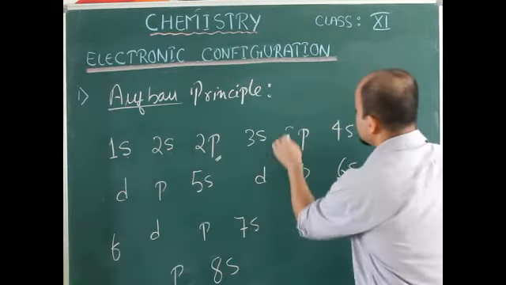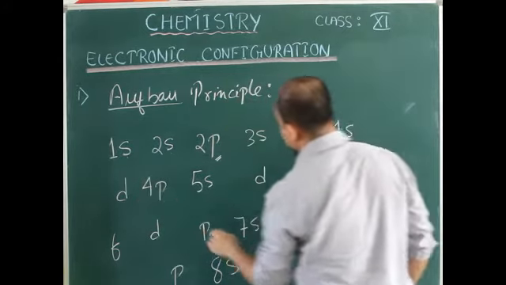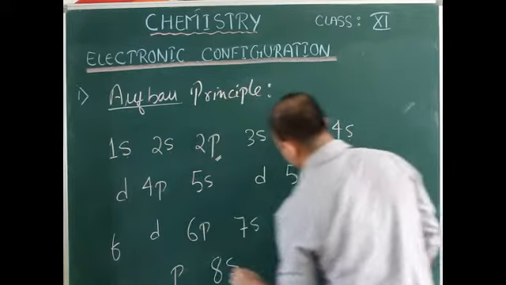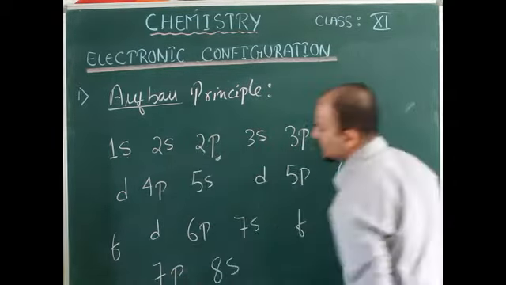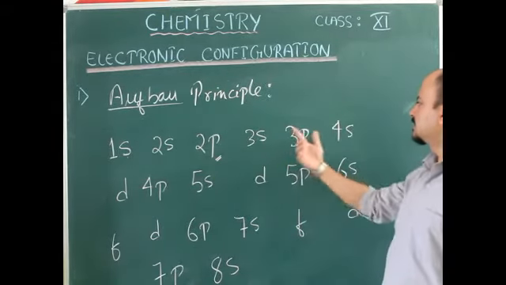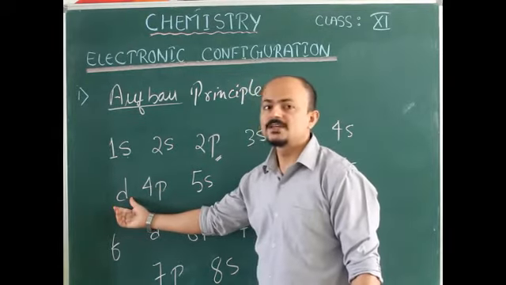So 2p, then comes 3p, 4p, 5p, 6p, 7p. And whenever you go to the next orbital, that is d, you have to begin from 3.